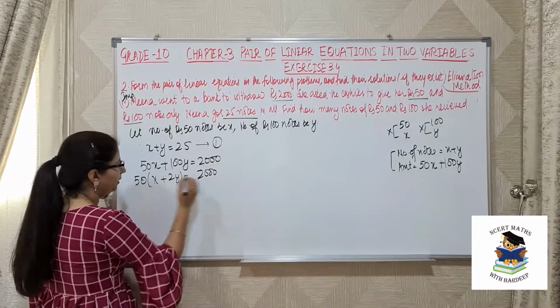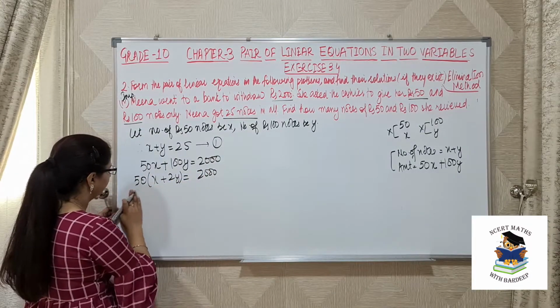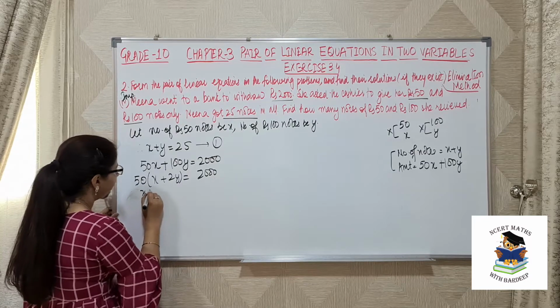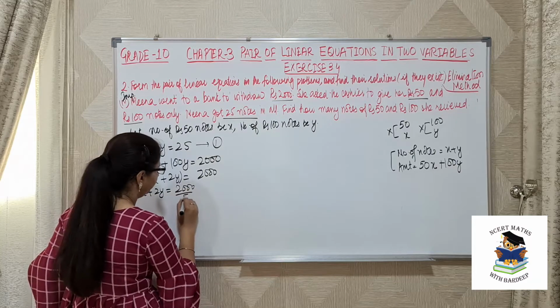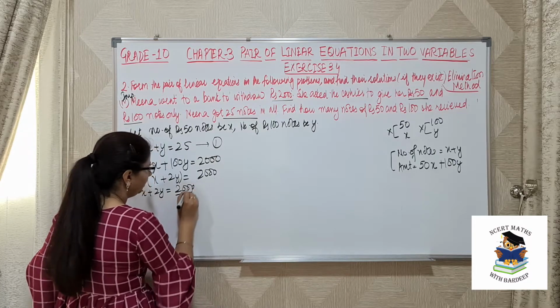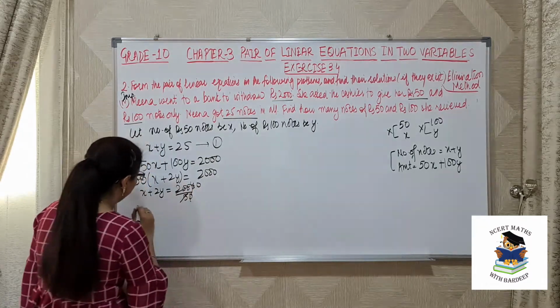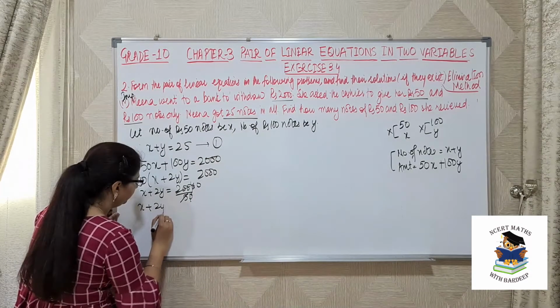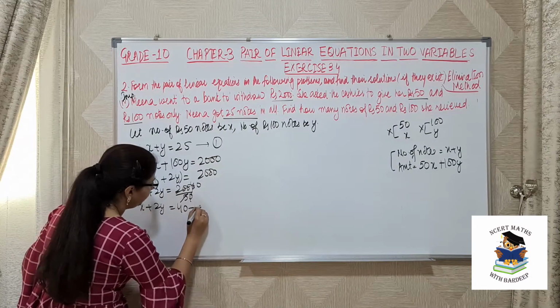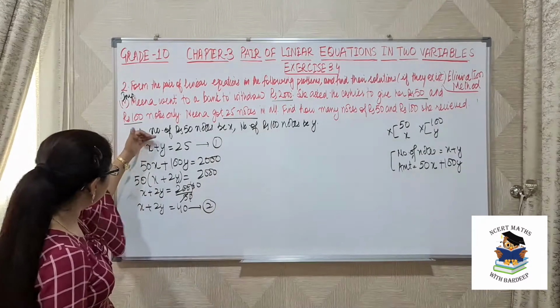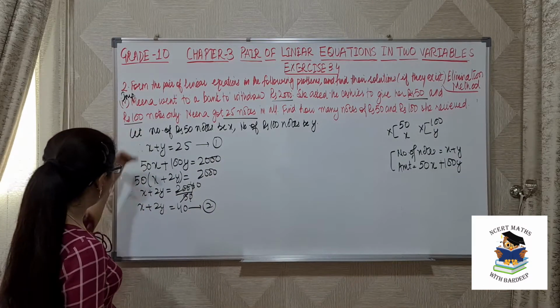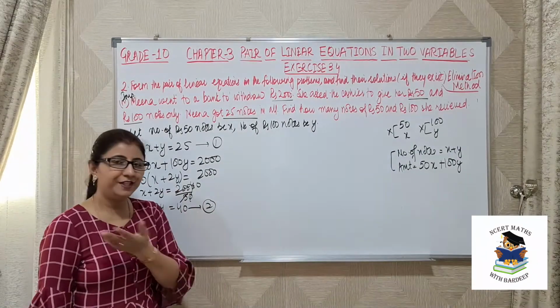So now this 50 will shift to other side. So this is x plus 2y equals to 2000 divided by 50. 0 and 0 is cancelled, so 40. So x plus 2y equals to 40 is our second equation. So now we can see equation number 1 and 2 both have x as one coefficient.